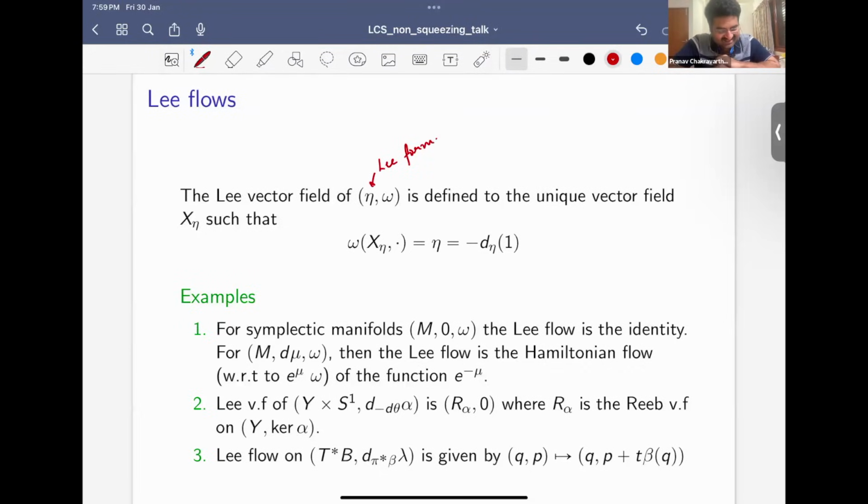The Lie vector field is a vector field defined such that omega acting on that vector field is equal to the Lie form. And by the definition of the twisted differential, this is just minus the twisted differential of the Hamiltonian function I1 everywhere. So this is the flow that displaces the zero section that we saw on the previous slide.